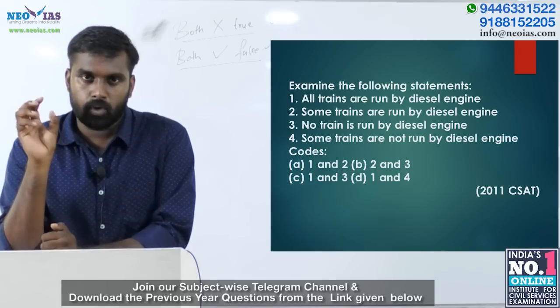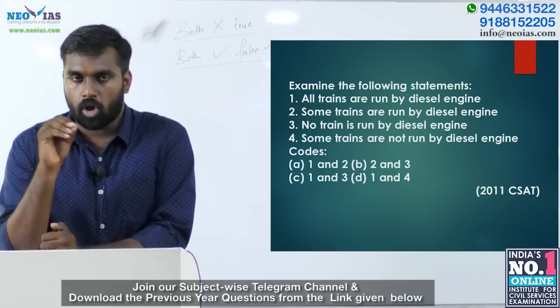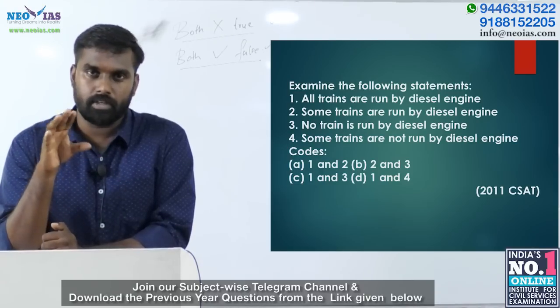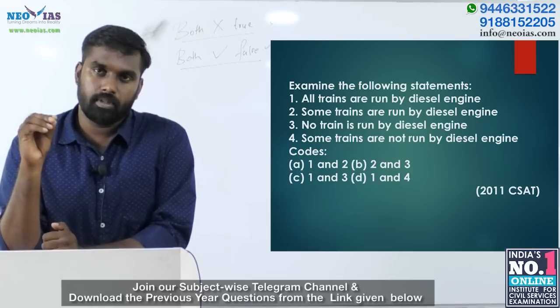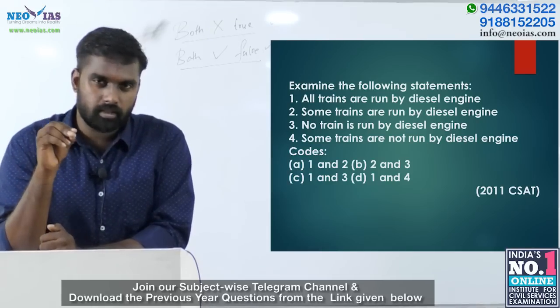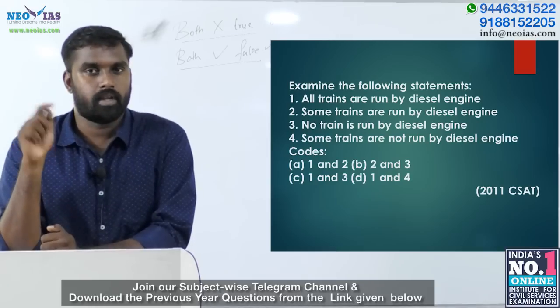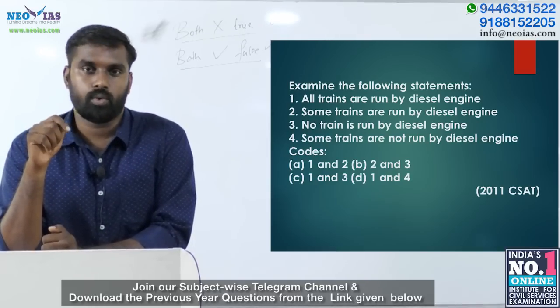Then only will you be able to understand the concept of syllogism easily. Normally in syllogism the questions will not be this tight, but these are previous year questions. In the UPSC exam, they want you to think, interpret, and conclude. So you too practice doing that.